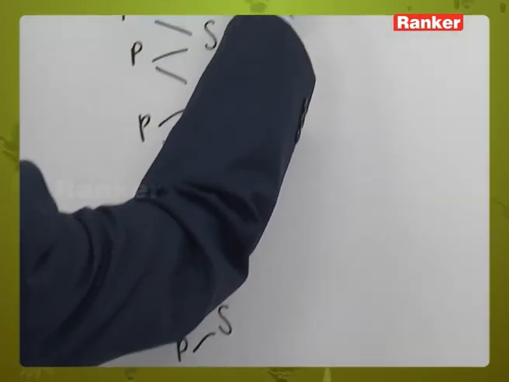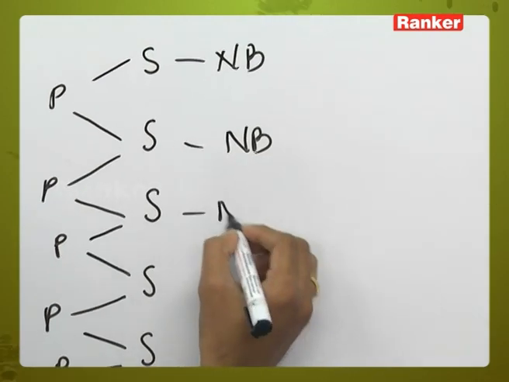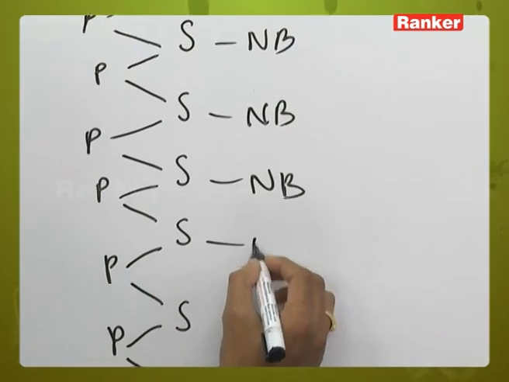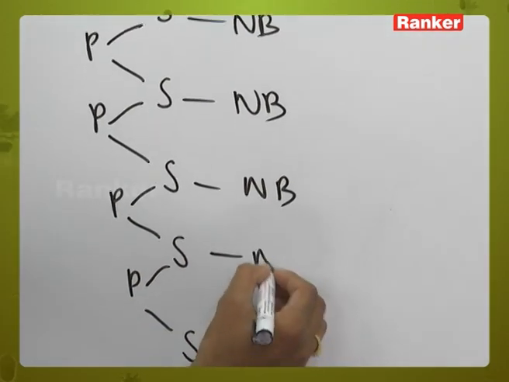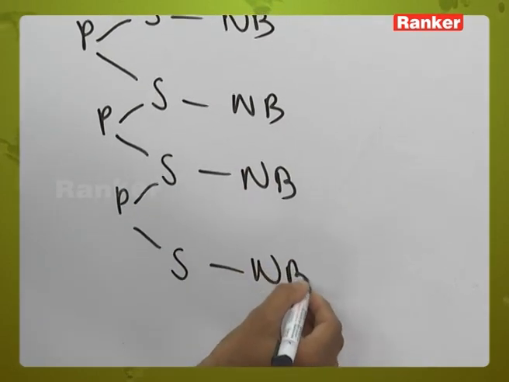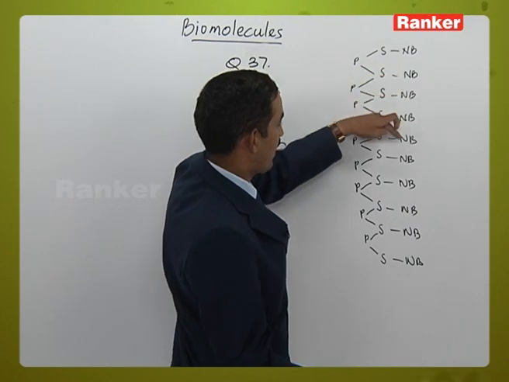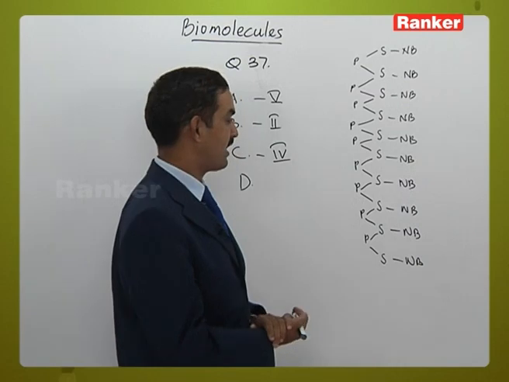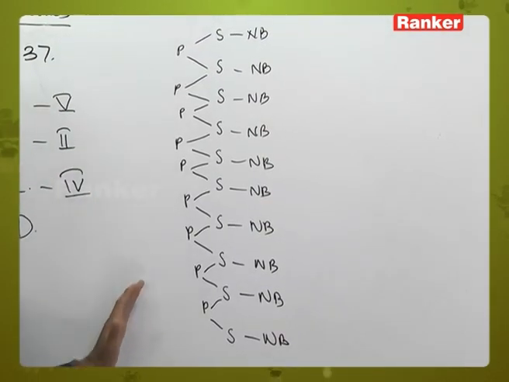Then this is a nitrogen base. We can take any nitrogen base here. 10 nitrogen bases on one strand. So here 1, 2, 3, 4, 5, 6, 7, 8, 9, 10 nitrogen bases are there. This is related to one side of the strand.